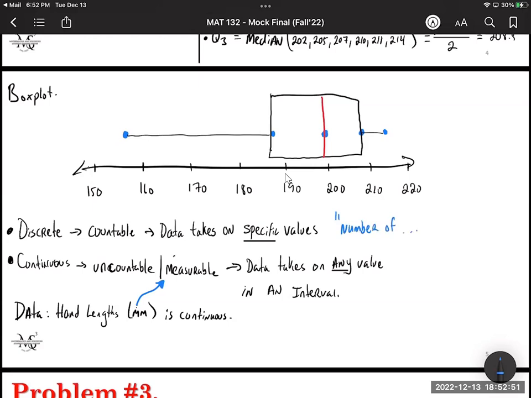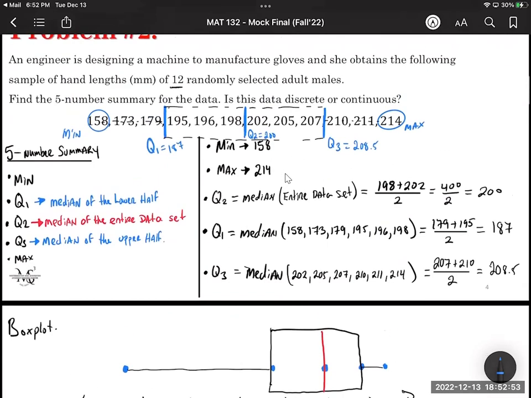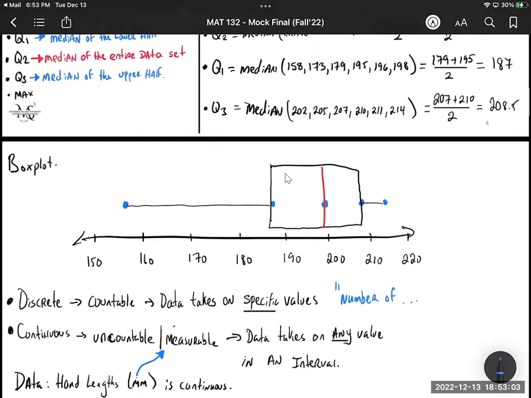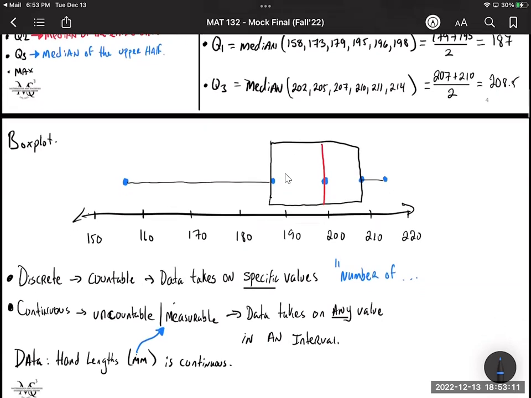Like the number of gloves manufactured per day, then that's discrete, because you can count the number of gloves being manufactured per day, right? However, if you're talking about some sort of measurement of these gloves, like the hand lengths, you're looking at measurable data sets, so it's continuous.